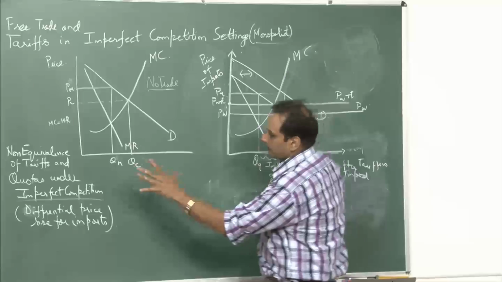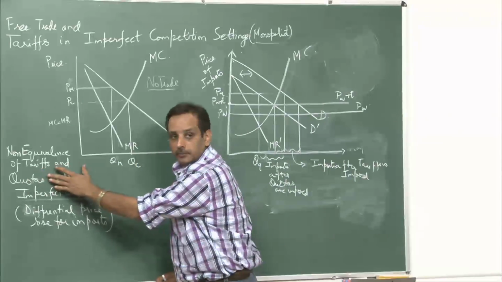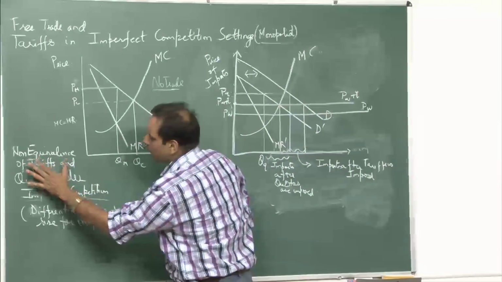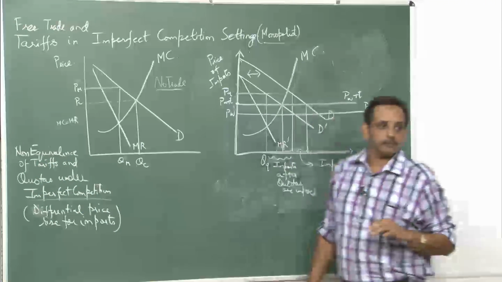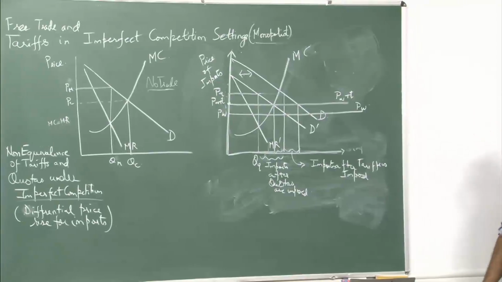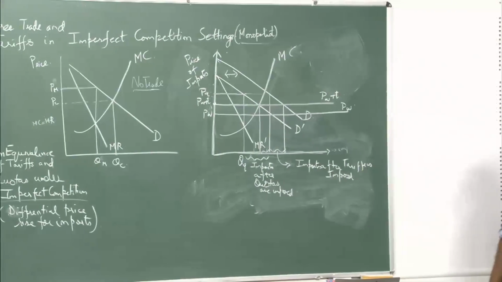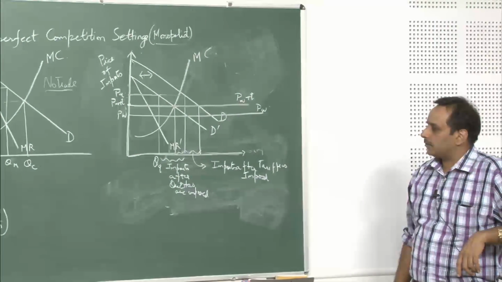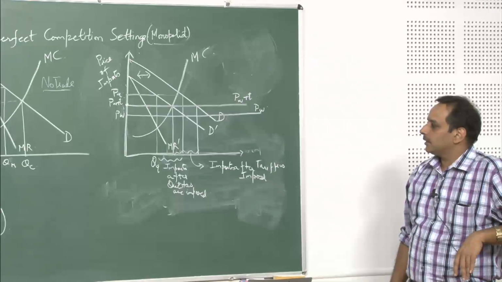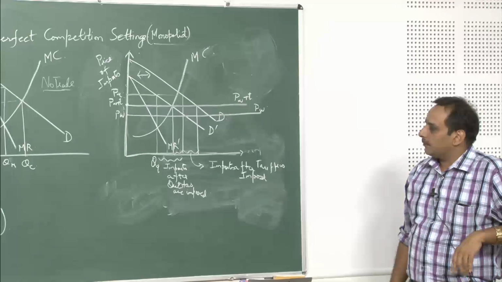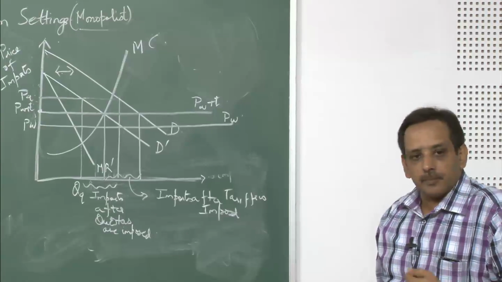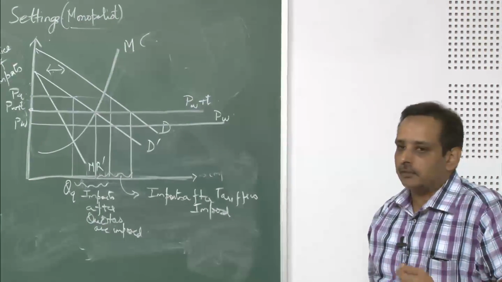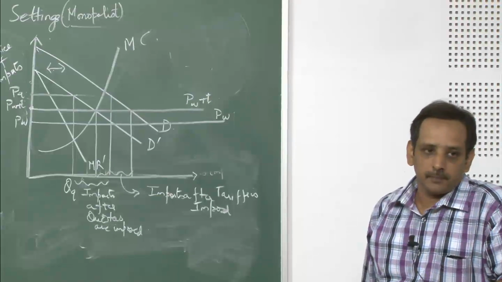So now I'm trying to prove the non-equivalence of tariffs and quotas under imperfect competition. Now, why there is non-equivalence of tariffs and quotas under imperfect competition is that if you impose quotas under imperfect competition, then the producer can charge a price which is greater than marginal cost.